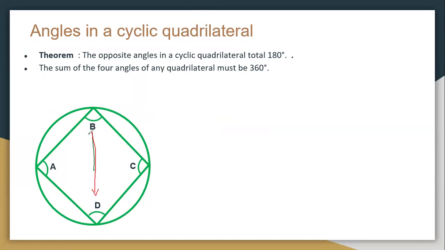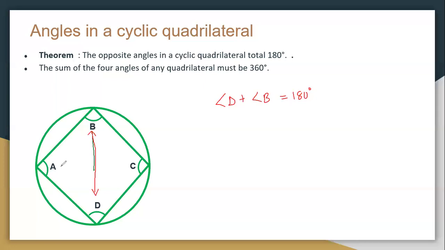These angles that are facing each other always add up to 180. So angle D plus angle B will give 180 degrees.